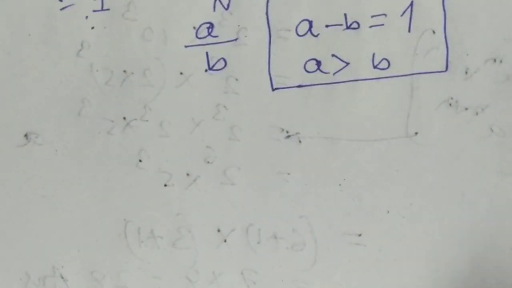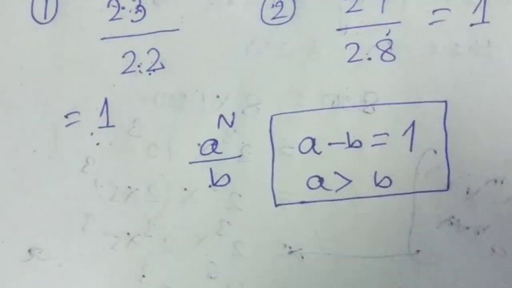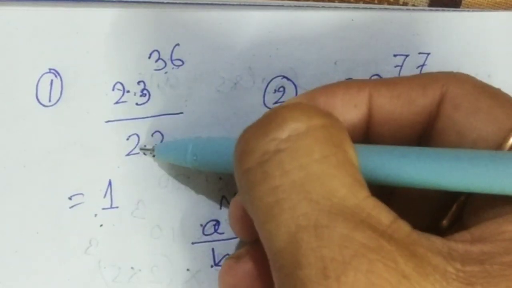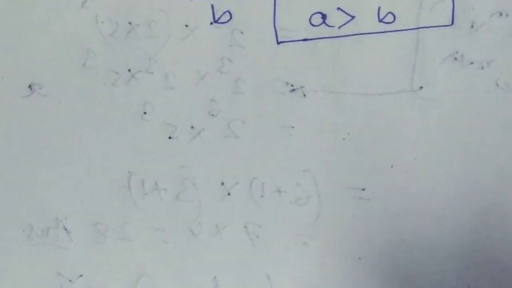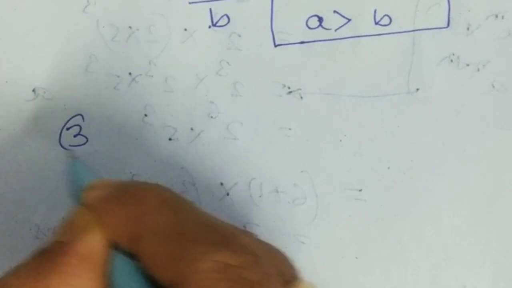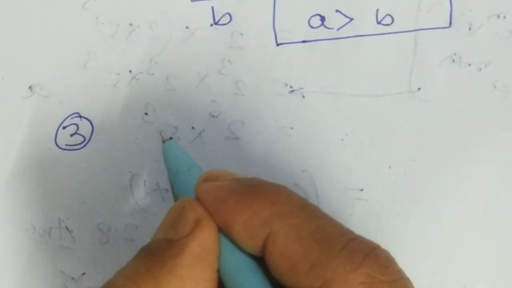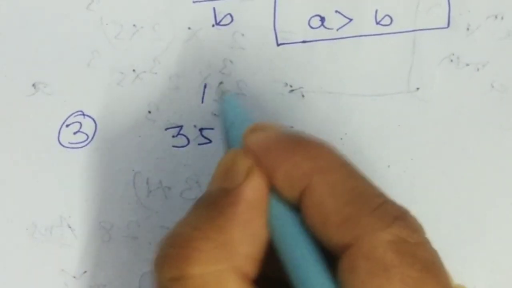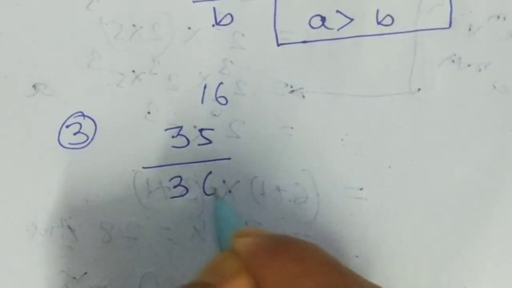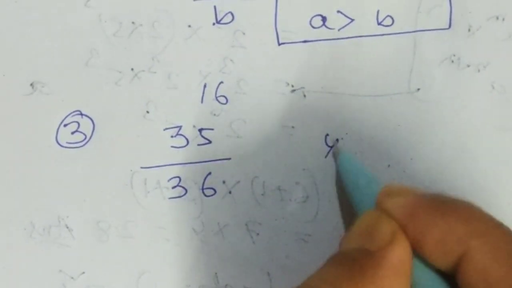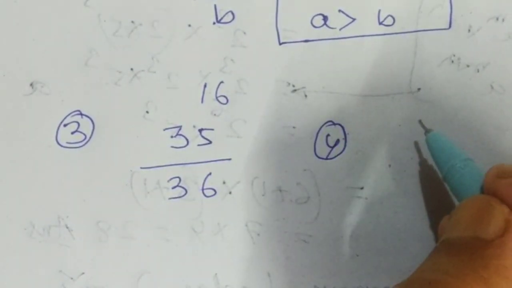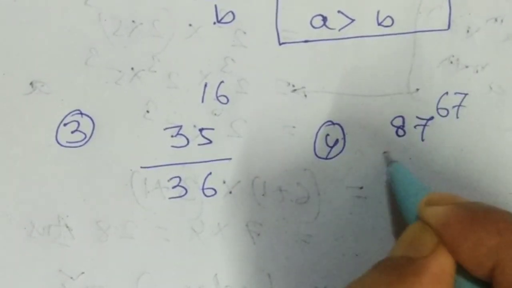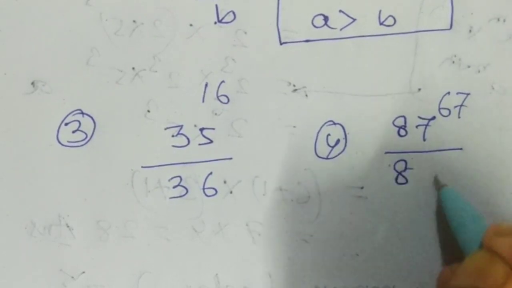Now, but if this condition is reversed, if a is less than b, then see the condition. Question 3. Suppose 35 to the power 16 divided by 36, and the other question is like this: 87 to the power 67 divided by 88.